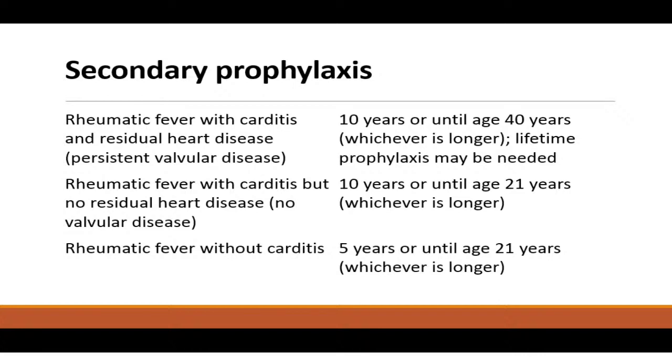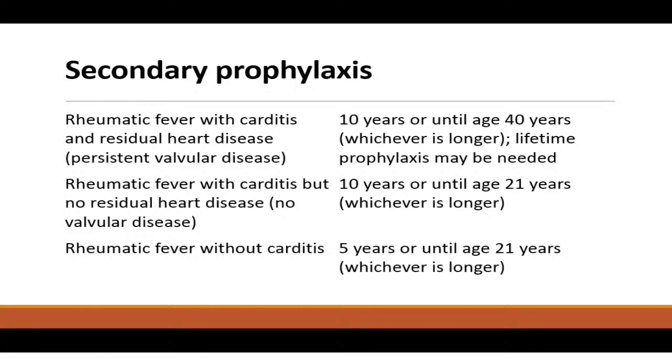But also secondary prophylaxis is very individual because of further manifestations and further flow of disease. If the first attack finishes without carditis, the next attack can be with carditis.